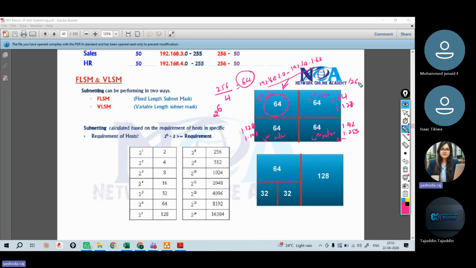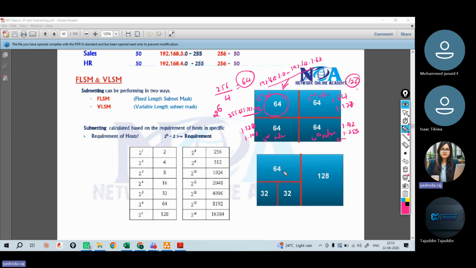I'll come to how you are going to understand that. Slash 26, that is 2 bits turned on. 255.255.255.192 is the subnet mask for each. So this is fixed for all the networks. We have 4 networks, so for all 4, this is a fixed subnet mask.